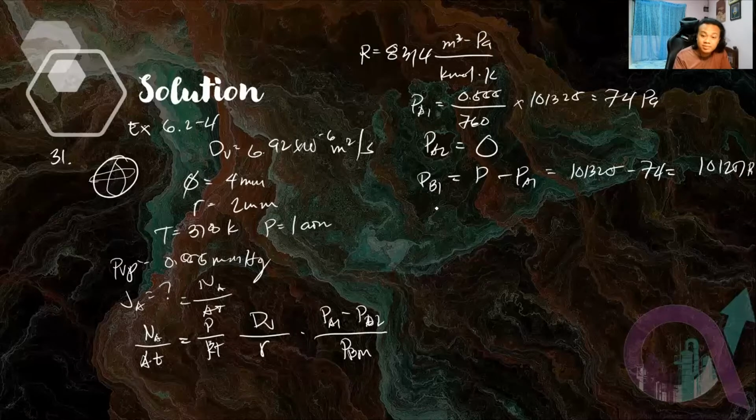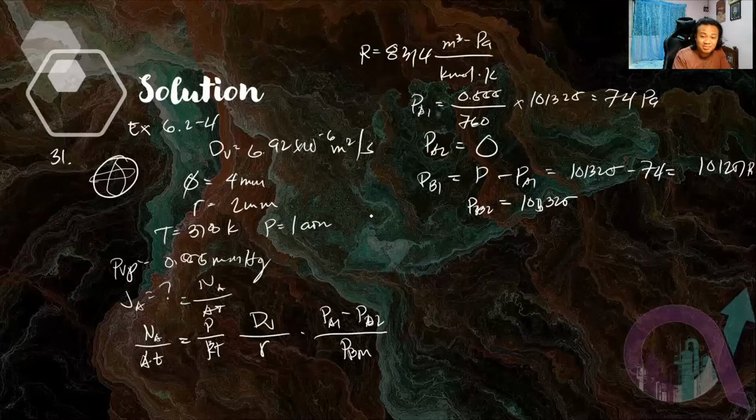PB2 is just equal to the atmospheric pressure, that's the air. It does not change on any state. PB2 still remained the same because air cannot diffuse into the naphthalene. Only naphthalene can diffuse into the air, so that's why.